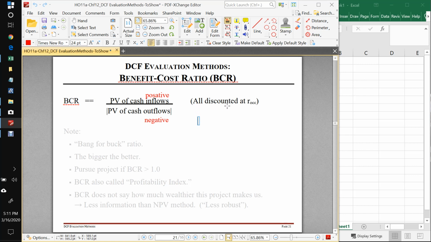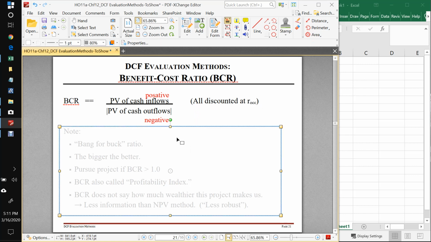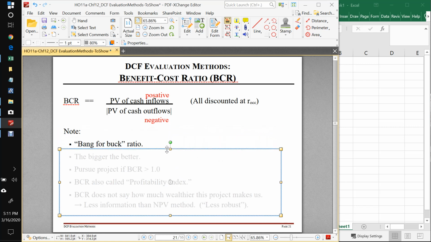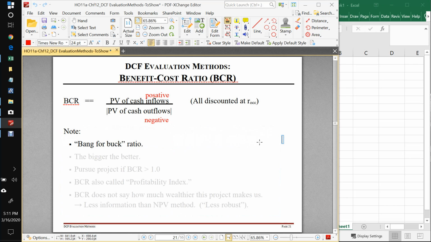Okay, and of course we discount everything at the opportunity cost of capital. So now we're back to ratio analysis a little bit. This is kind of a bang for our buck ratio. We've got in the denominator usually what we have to put into a project to enjoy what's in the numerator.